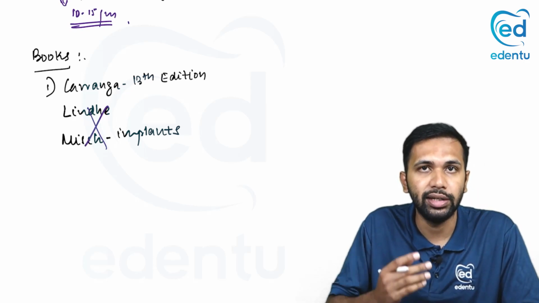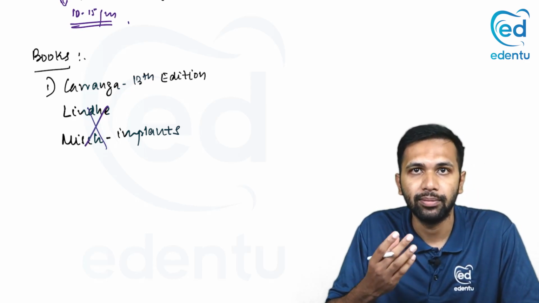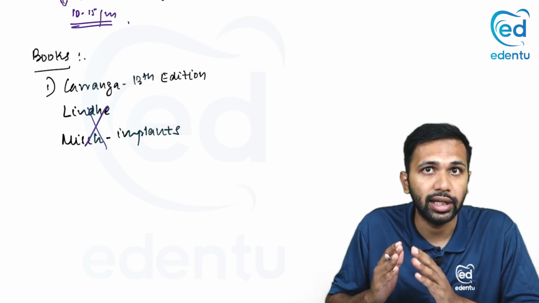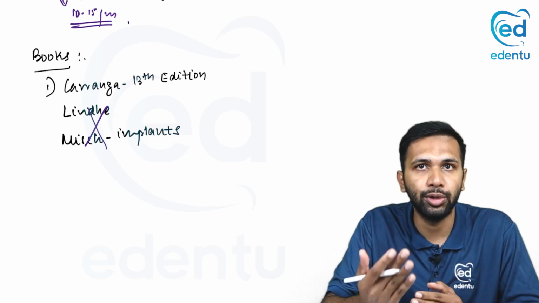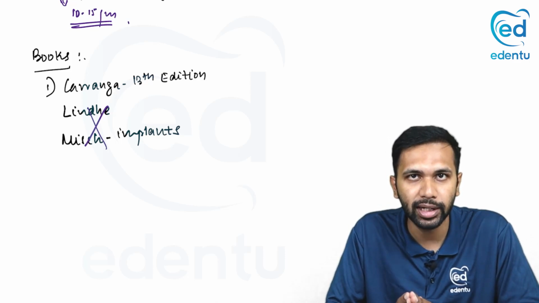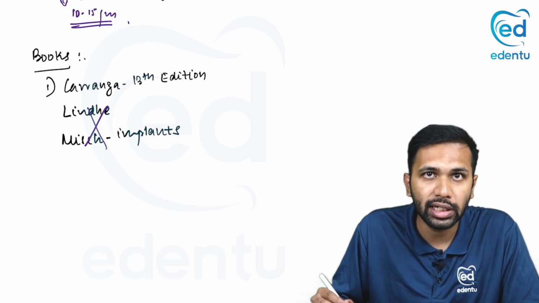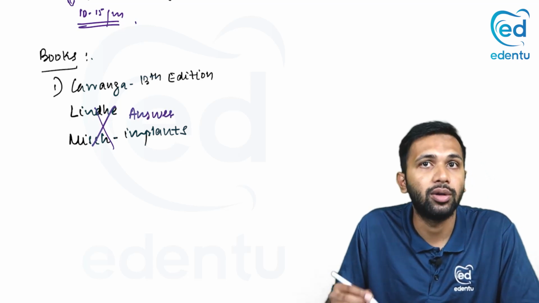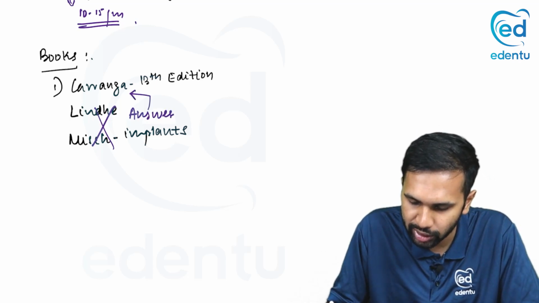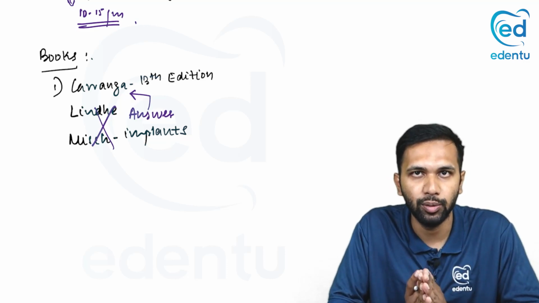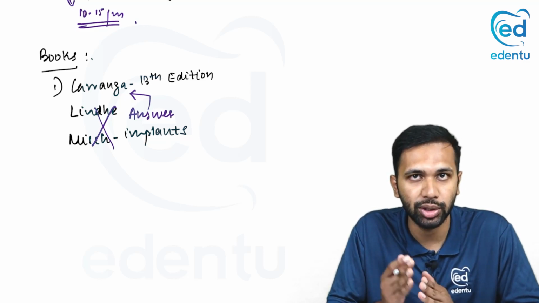That is because even though Misch, we call it the Bible of oral implantology, the entire point of me teaching you perio is that you should be able to crack your NEET entrance examination, right? For your NEET entrance examination, the answer key is picked not from your Misch, it is picked from your Carranza. That is why I'm telling you, your implants fall under perio, and the book, again, is not Misch, it is your Carranza.